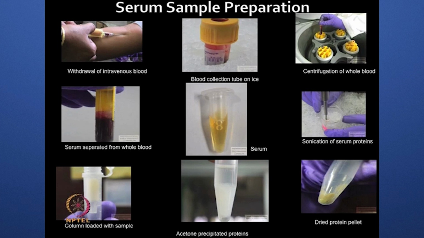Now, for the serum proteome analysis, different modifications can be performed, such as sonication for disrupting the high abundant proteins, which also helps in better resolution. Then depletion strategies to remove the abundant proteins, precipitation of these proteins by adding acetone, and then drying out the protein pellet and reconstituting it in a suitable buffer for further proteomic applications.